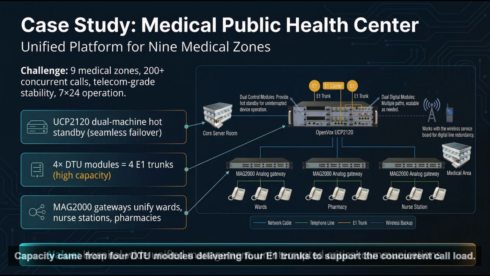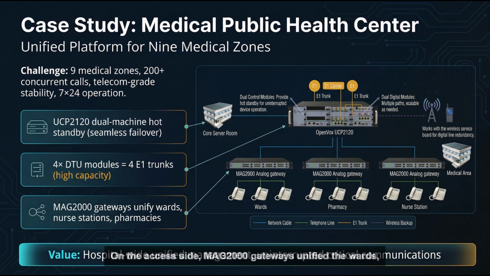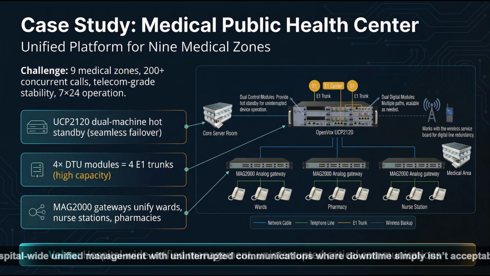Capacity came from 4 DTU modules delivering 4 E1 trunks to support the concurrent call load. On the access side, MAG 2000 gateways unified the wards, nurse stations, and pharmacies into one managed communication system. The operational value is reliability and control. Hospital-wide unified management with uninterrupted communications where downtime simply isn't acceptable.